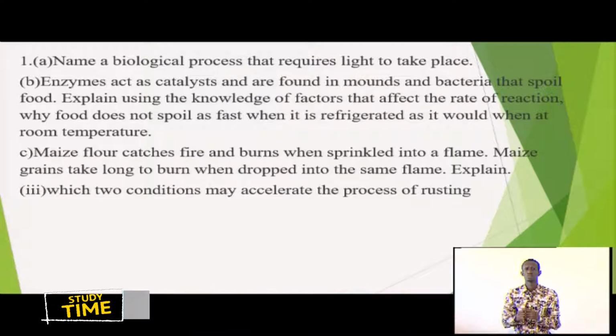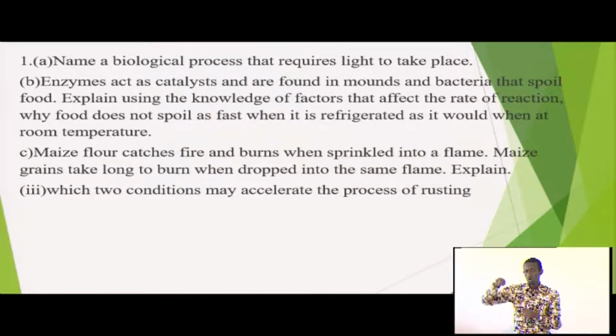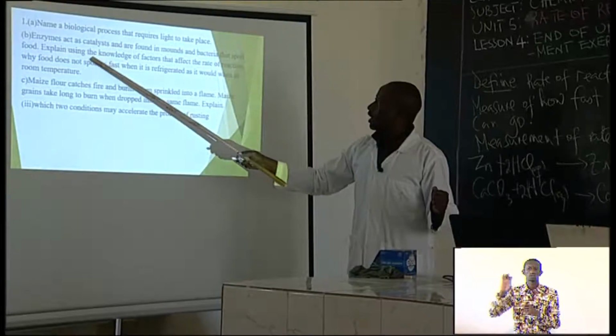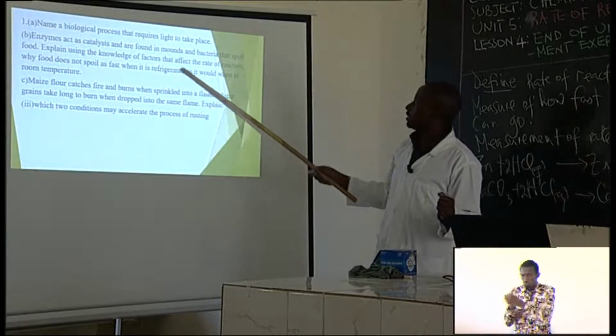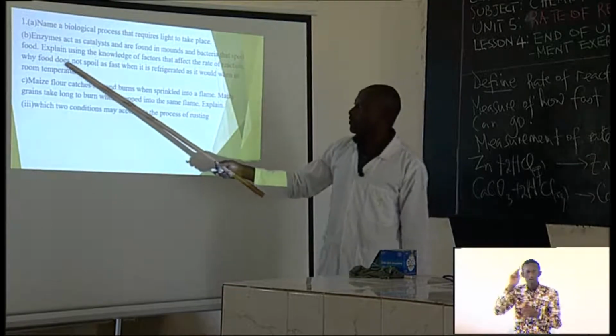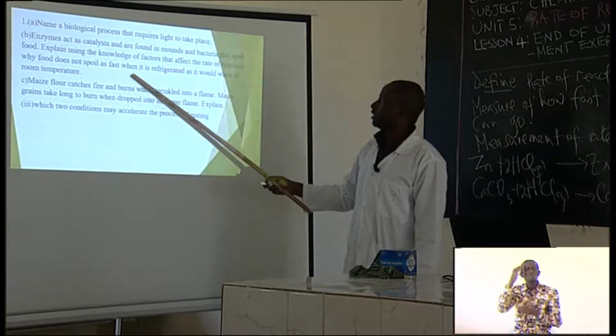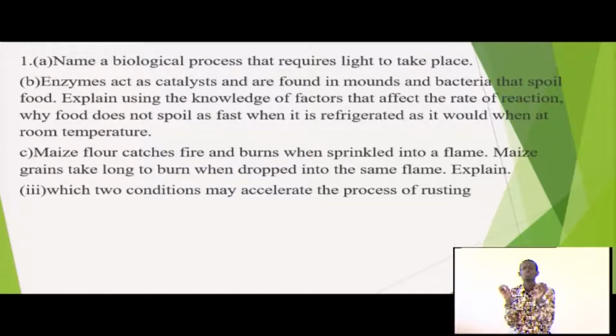B, enzymes act as catalysts and are found in molds and bacteria that spoil food. Molds are these substances that grow on bread. When the bread is getting expired, there are some substances that grow there. Explain, using the knowledge of factors that affect the rate of reaction, why food does not spoil as fast when it is refrigerated as it would at room temperature.